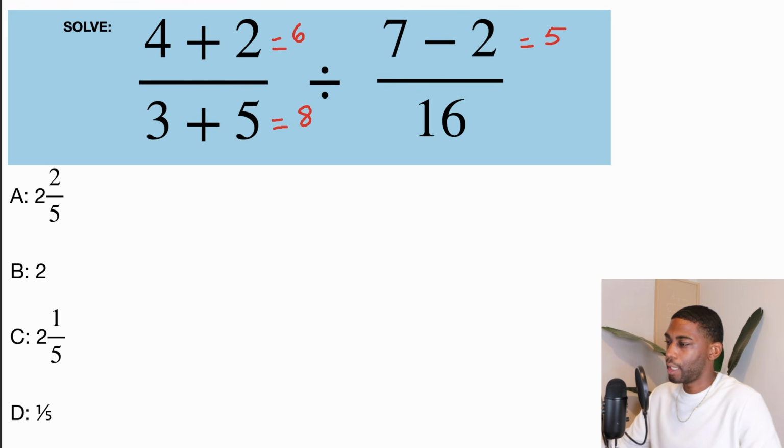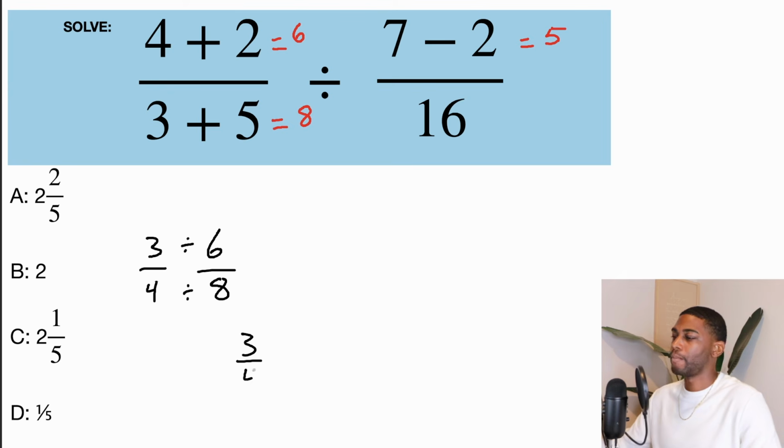So what do we have? 6 over 8. Honestly, this fraction, as of right now, we can simplify because 2 goes into both of these numbers. So if we divide by 2 and if we divide by 2, it would give us 3 over 4.